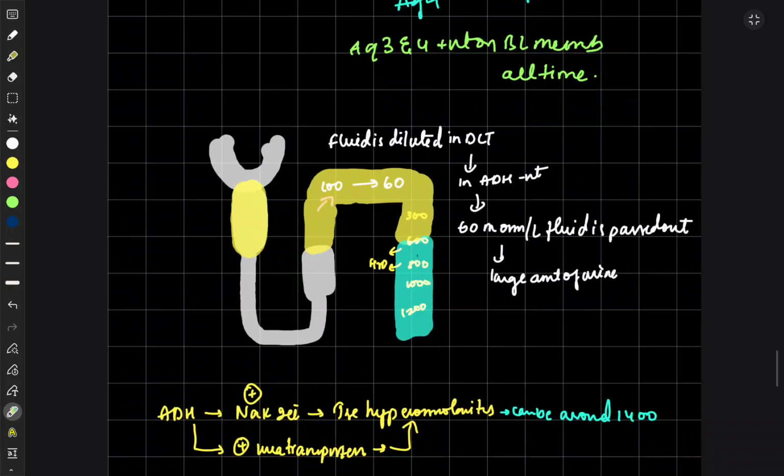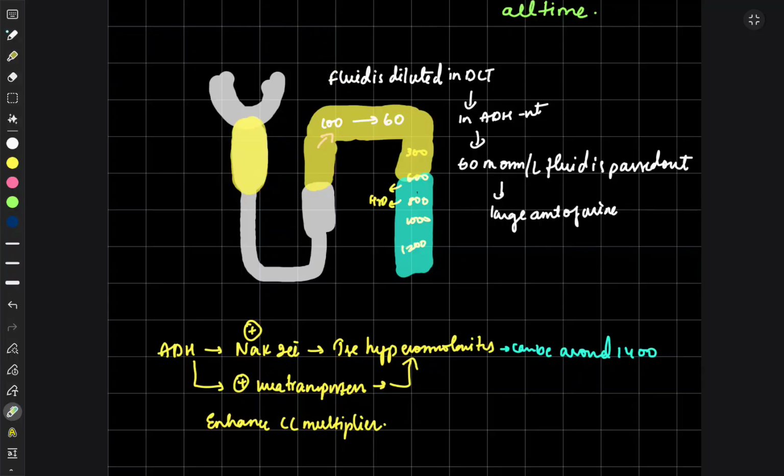So now let's see how this countercurrent multiplier system, the setup of making the medullary interstitium hyperosmolar, actually helps in absorption of water.